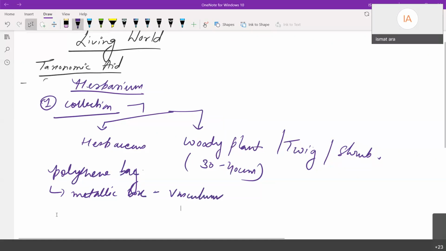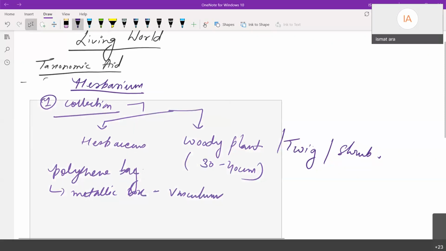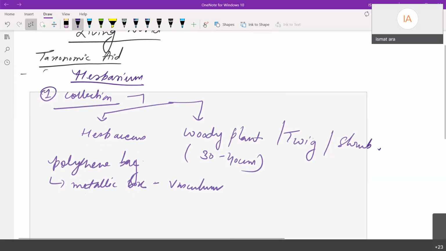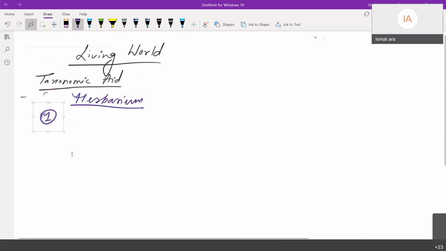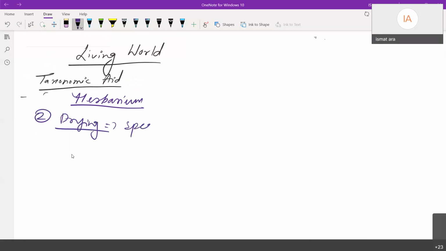Second step is drying. You are drying the specimen.